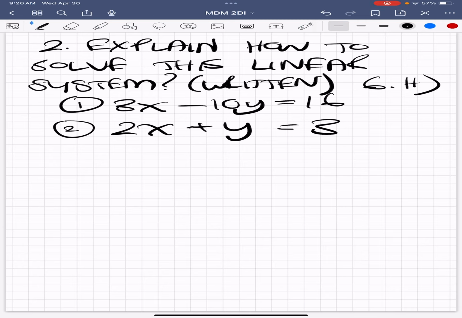So we need to multiply both equations by a number so the coefficients of x match. In this case, the lowest common multiple between 3 in equation 1 and 2 in equation 2 is 6. So we multiply equation 1 by 2 and equation 2 by 3.